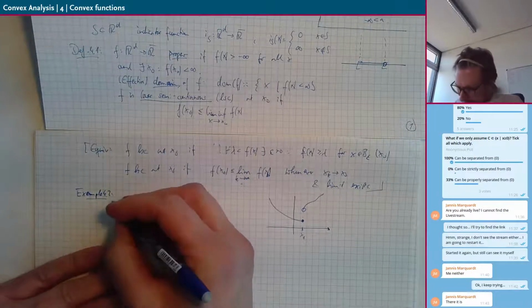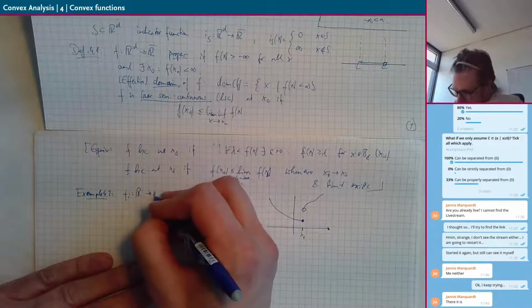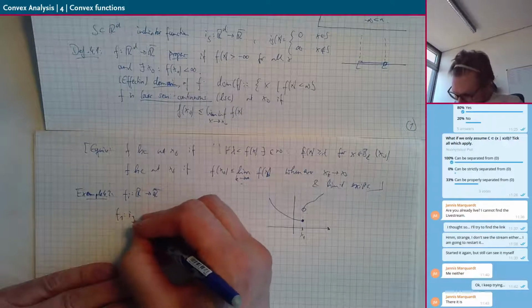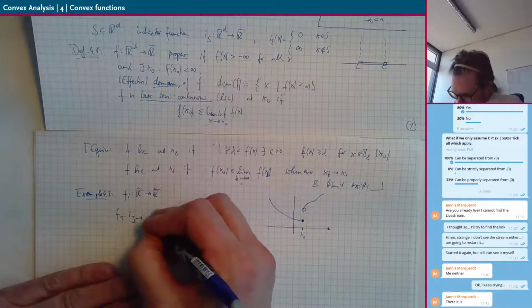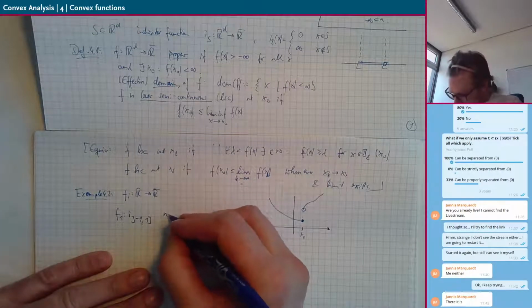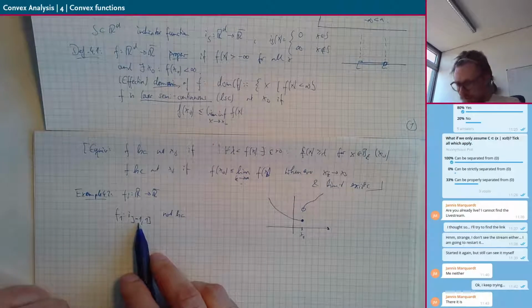For example, let's say we have functions from the real line to the extended real line. If we take the indicator function of something like a half open interval, this is not LSC because we can converge from the left to -1.